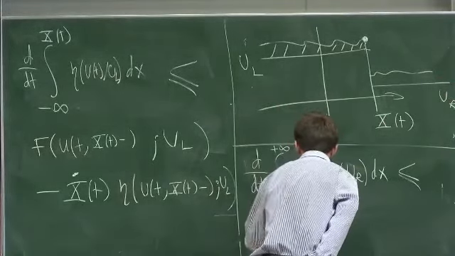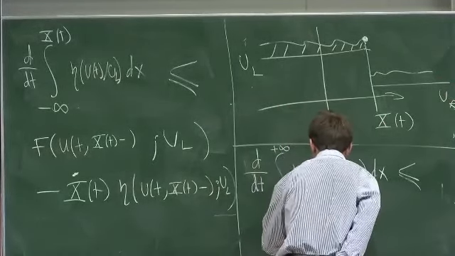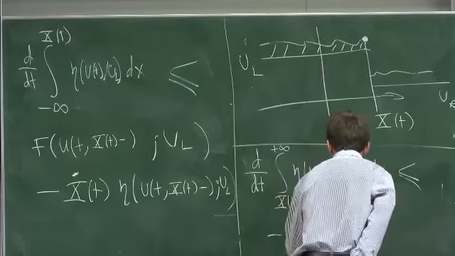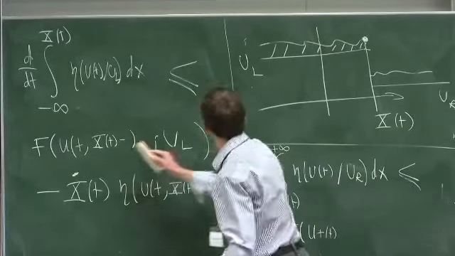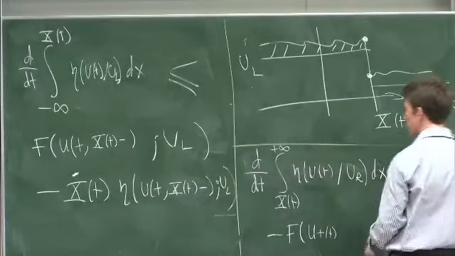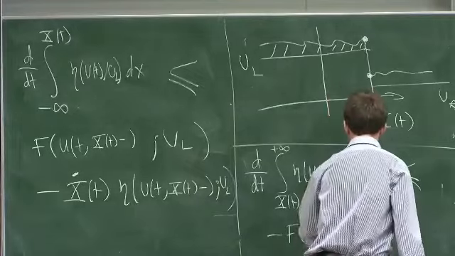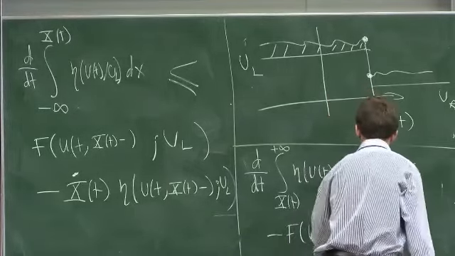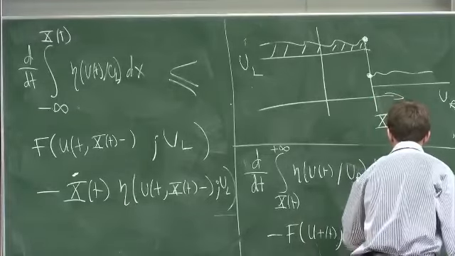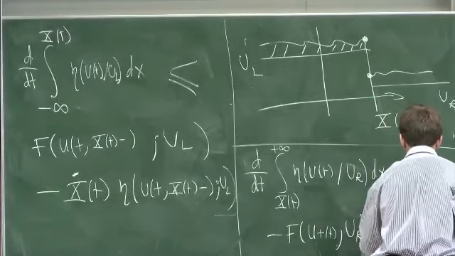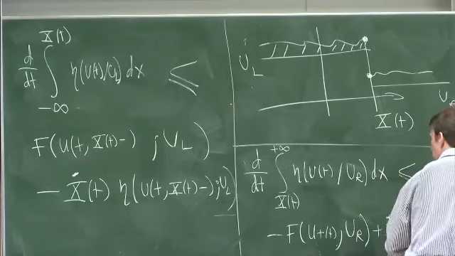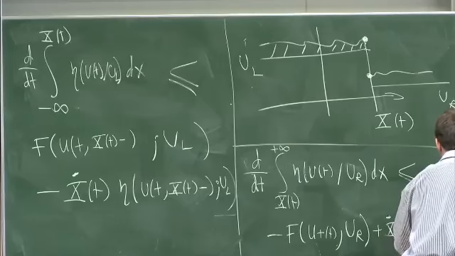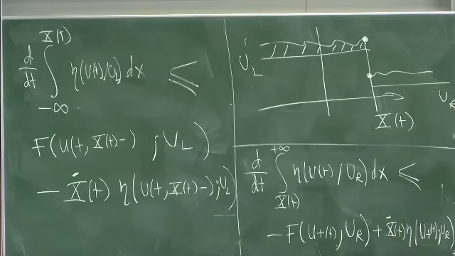So it's minus f of u plus at time t, but the limit on the right is this value, ur, plus x dot of t eta of u plus of t minus ur. Okay, so you have those formulas.